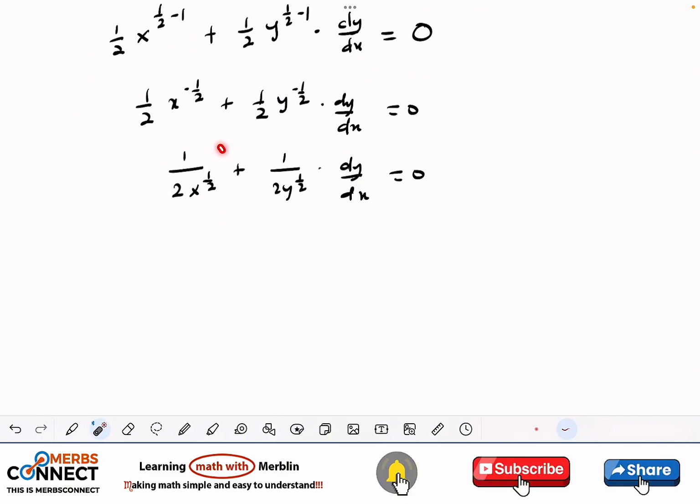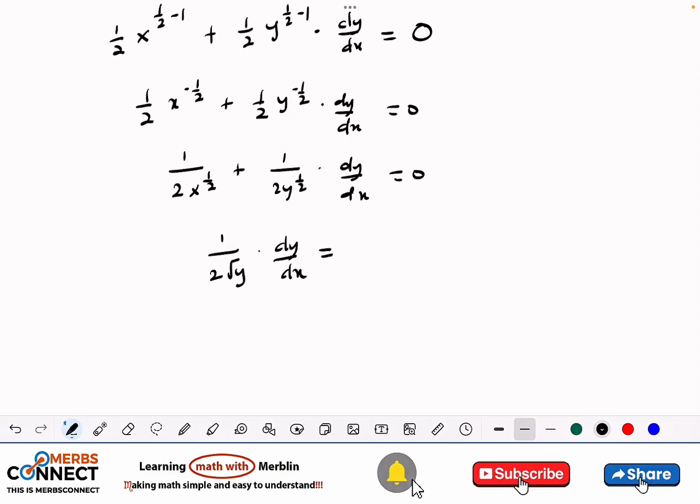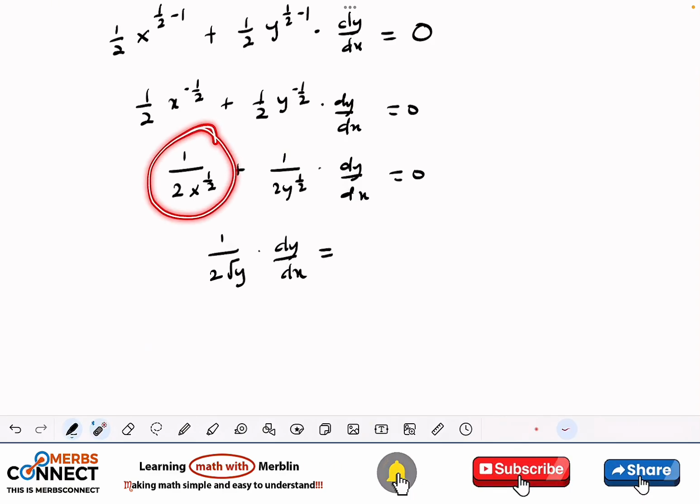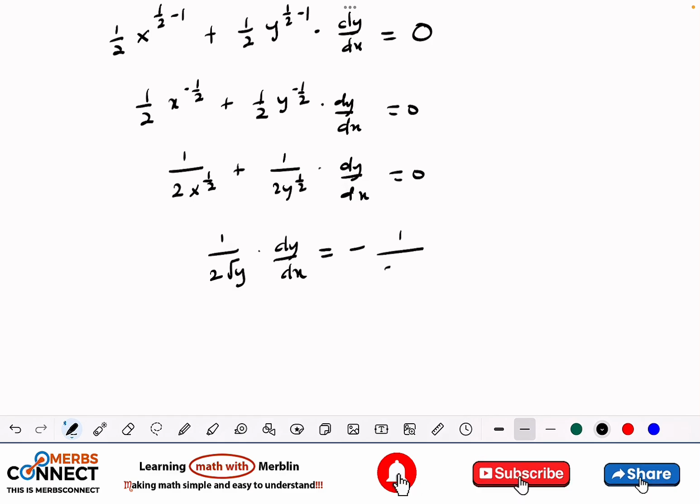Now what I need to do is move this guy to the right. So I'm going to have 1 over 2 root of y times dy over dx, which is equal to, when I move this one, minus 1 over 2 root of x.